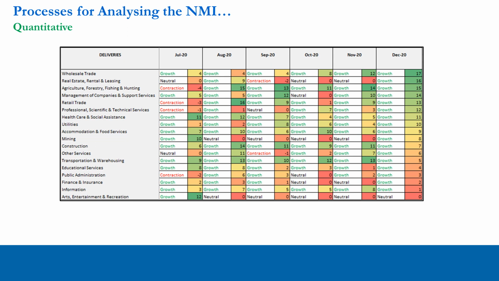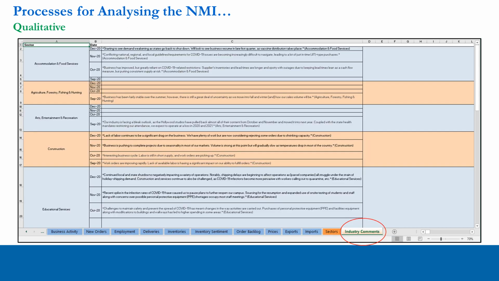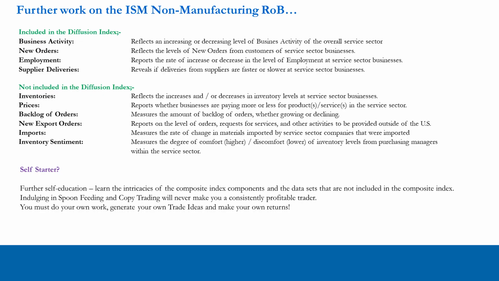What you can also do is obviously take those qualitative statements and stick them in the NMI spreadsheet. Again, that's a very useful exercise to go through every month, taking the qualitative statements and sticking them in the industry comments sheet, because you're much more likely to internalize what is being said.